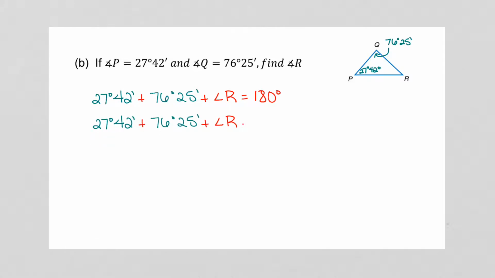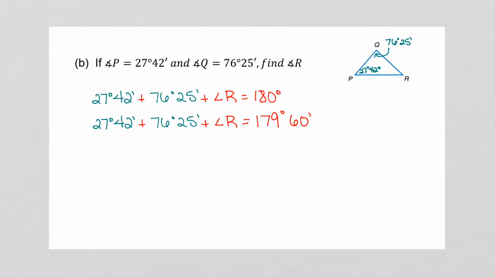So everything either has to be in degrees, where we change the minutes to decimals, or everything has to be in degrees and minutes. So in that case, we could take the 180 degrees and change that to degrees and minutes. If we had said 179 degrees and 60 minutes, that's the same thing, because 60 minutes is 1 degree, and 179 plus 1 is 180.